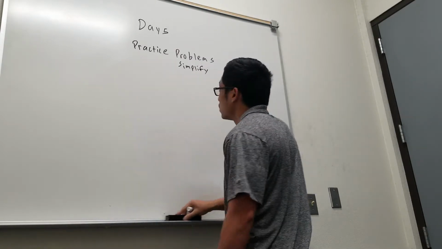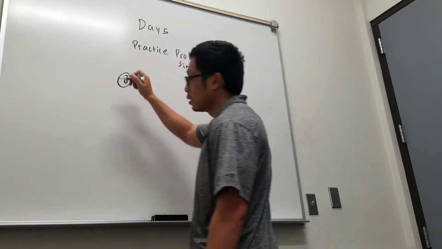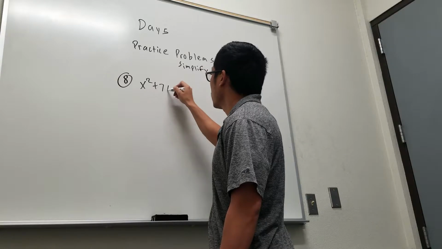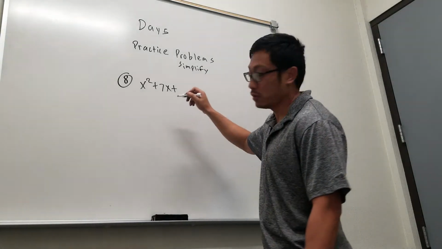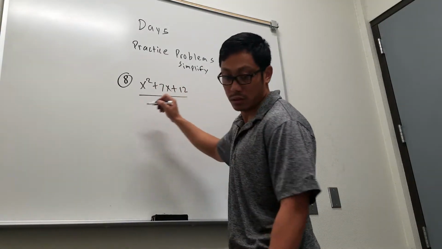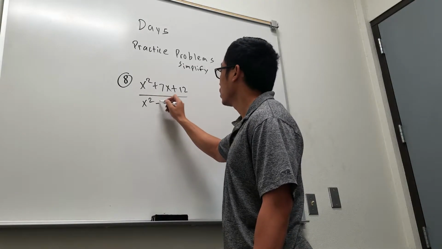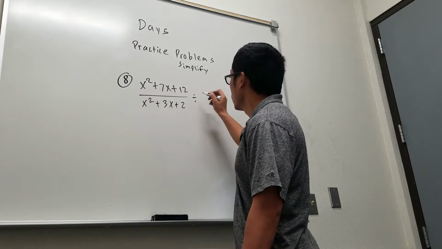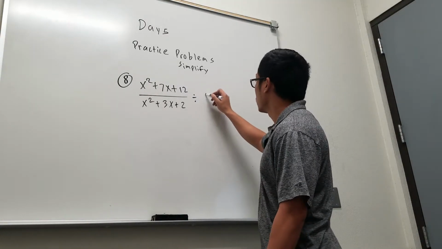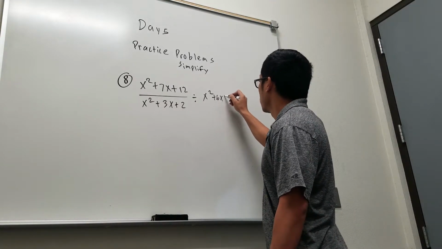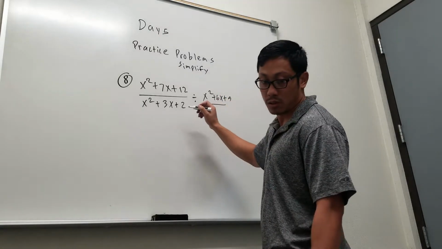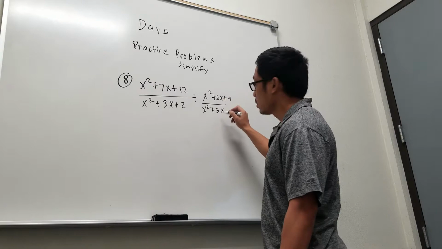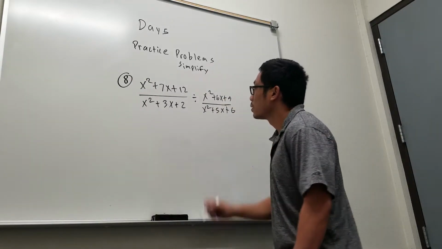Okay. Let's do number 8. x squared plus 7x plus 12 over x squared plus 3x plus 2, divided by x squared plus 6x plus 9 over x squared plus 5x plus 6.